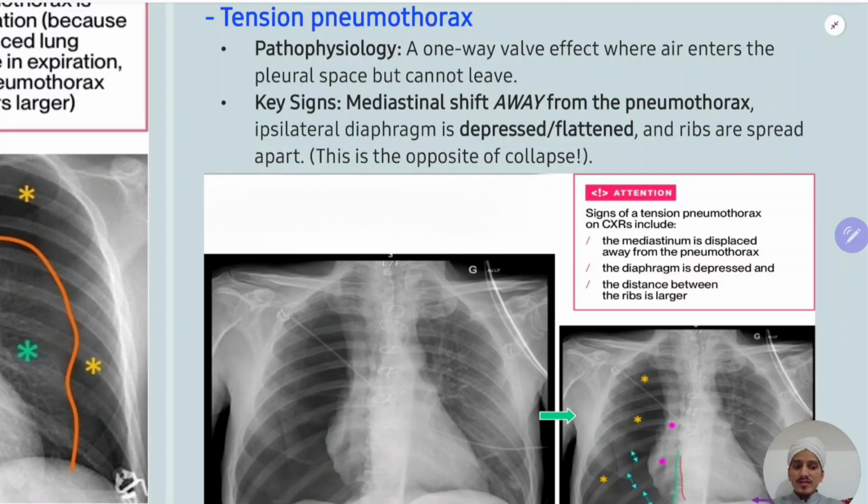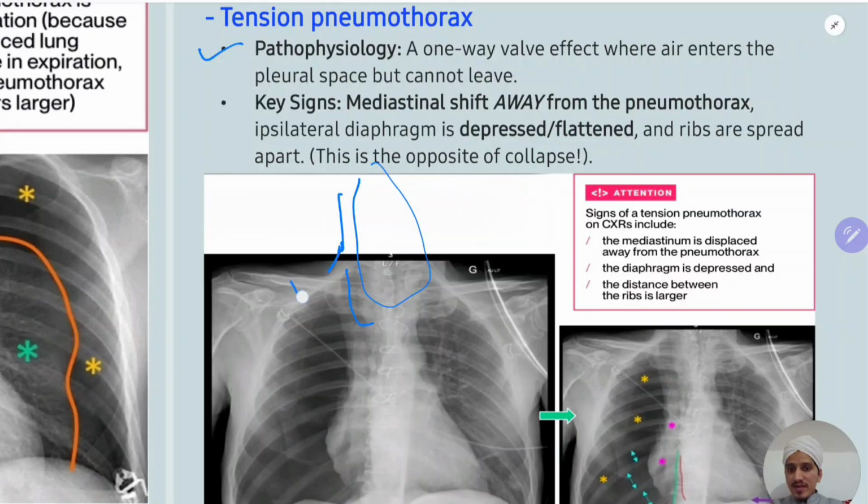This is a massive pneumothorax actually, tension pneumothorax. So the patient will be very breathless. The pathophysiology is a one-way valve mechanism actually. So we'll read this one. Pathophysiology, a one-way valve effect where air enters the pleural space but cannot leave. So if this is the pleura and this is the lung, this will act as a flap.